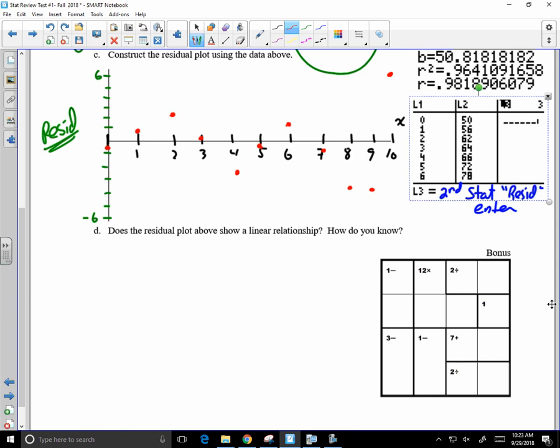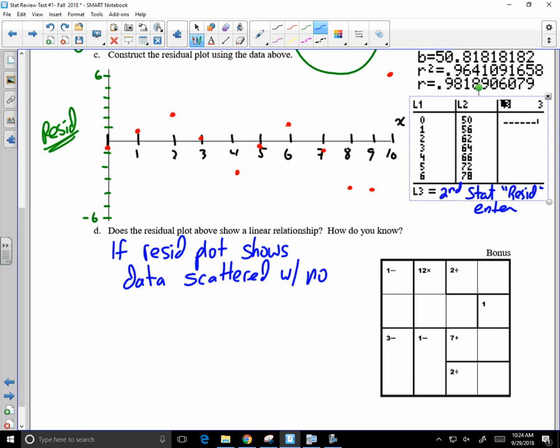Does the residual plot show a linear relationship? Well, it helps to know what it is about a residual plot that tells us anything. So if the residual plot shows data scattered with no real pattern, then the linear model is a good fit.